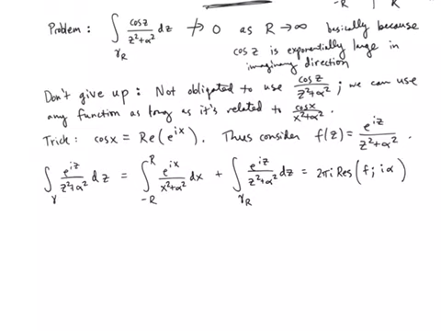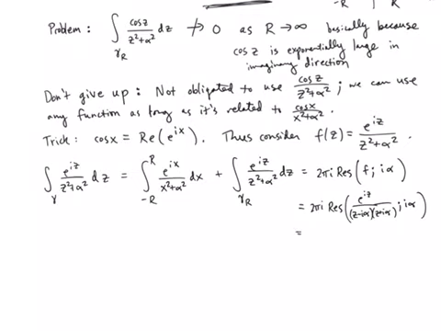And to compute this, just write f. So f is e to the iz over z minus i alpha times z plus i alpha.